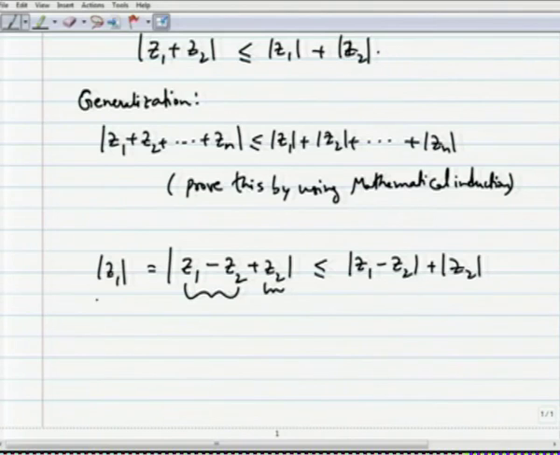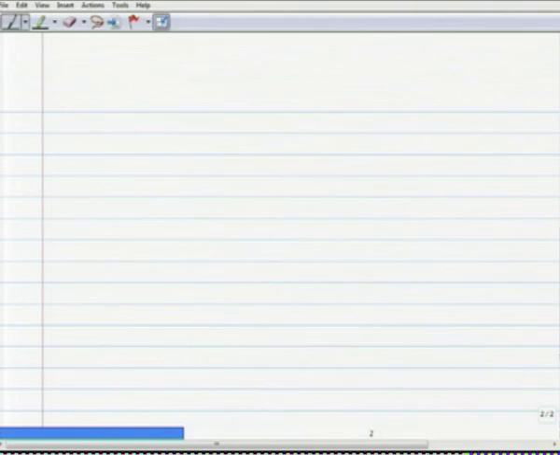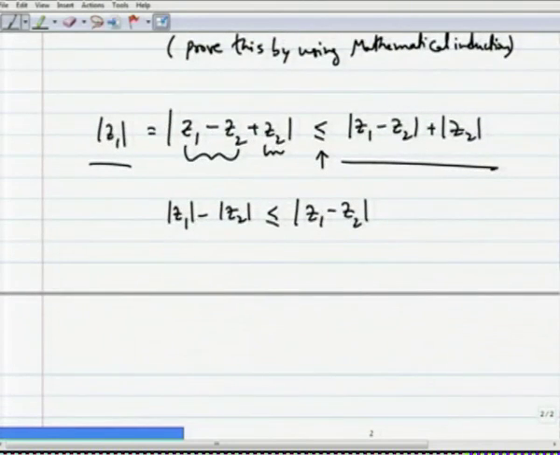Okay. So, now what we get is that the modulus of z 1 minus the modulus of z 2 is less than or equal to the modulus of z 1 minus z 2. And this is symmetric in z 1 and z 2.